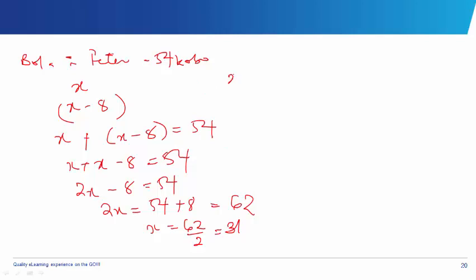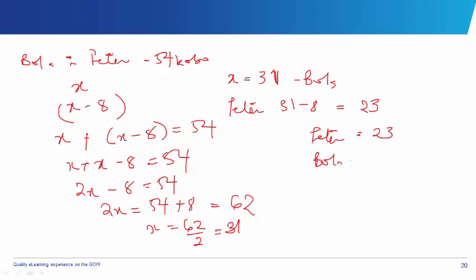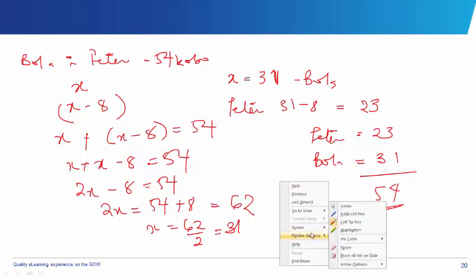So if x is 31, which is Bola's share, Peter's share will be 31 minus 8, which is 23. So Peter has 23 and Bola has 31. When you add, you still have 54 as the total amount shared. So this confirms that you are correct.